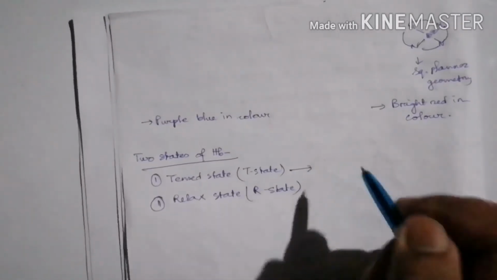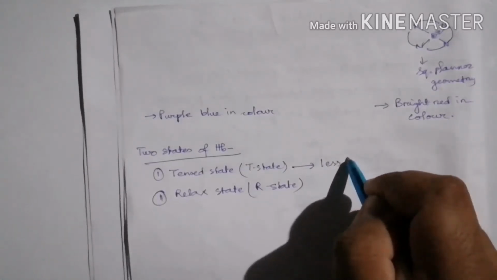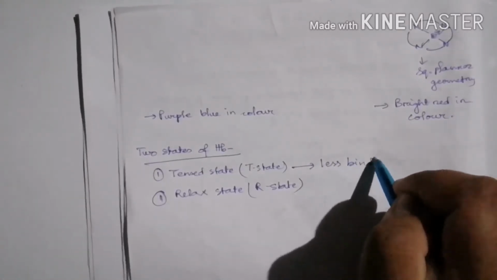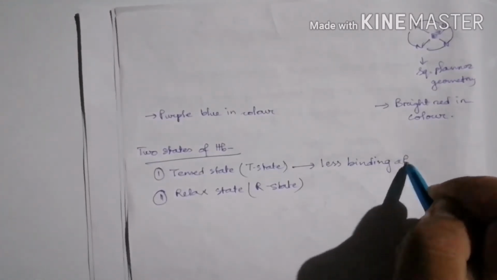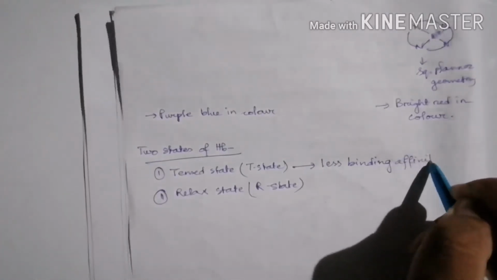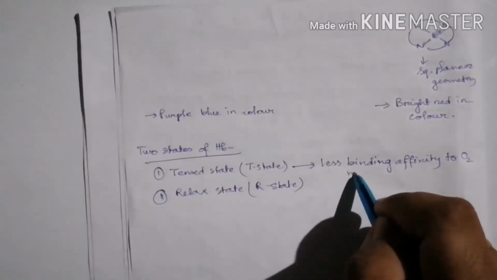This T state has less binding affinity to the oxygen molecule.